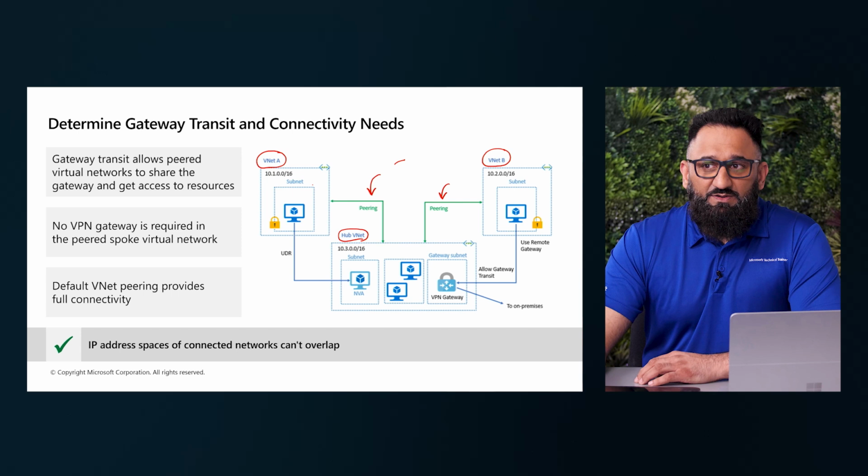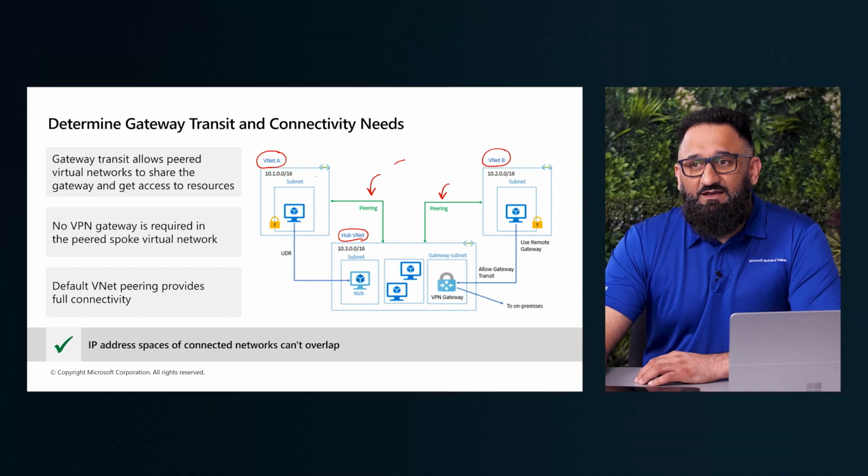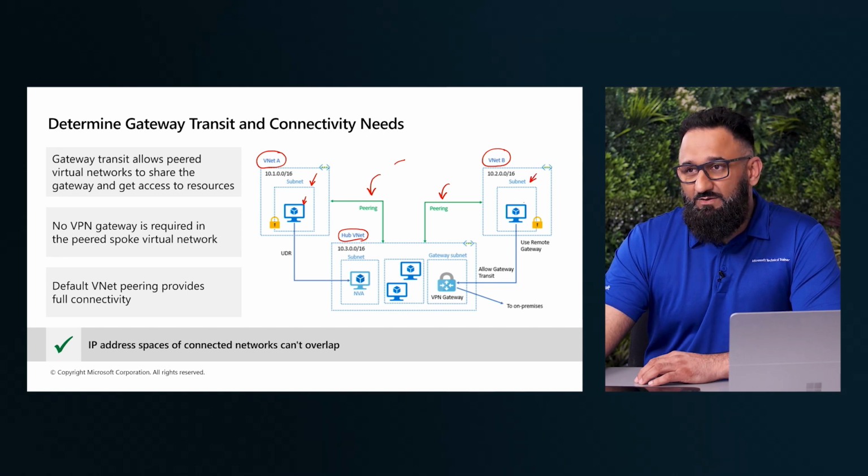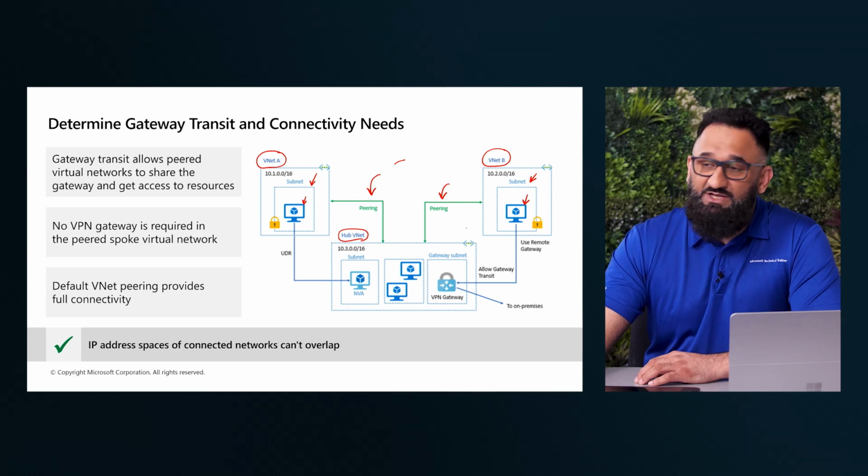Now each of VNet A and VNet B has a subnet and a virtual machine running inside of it. For my hub environment, I can see there are some resources running in here.